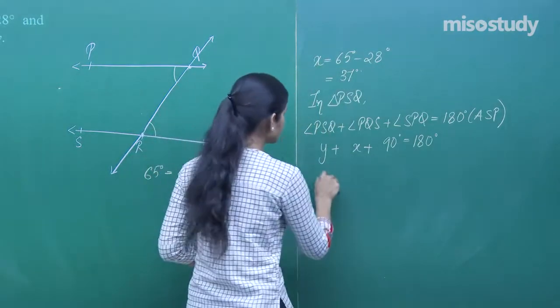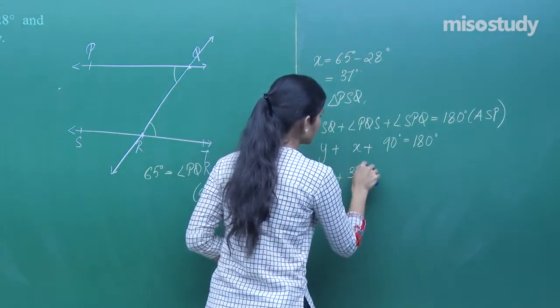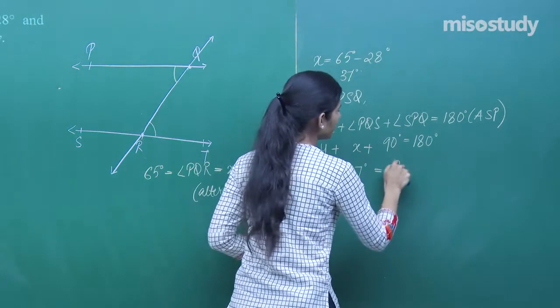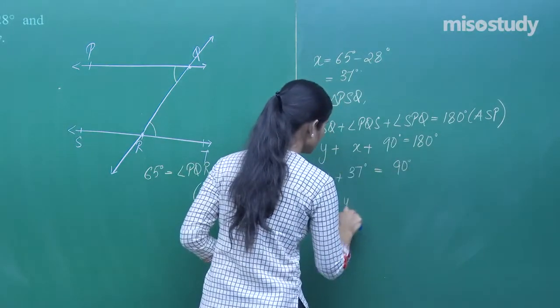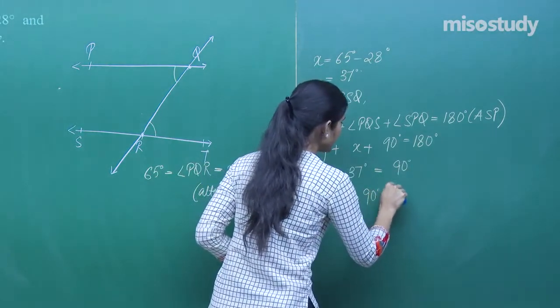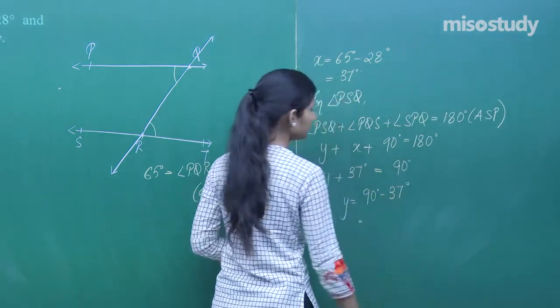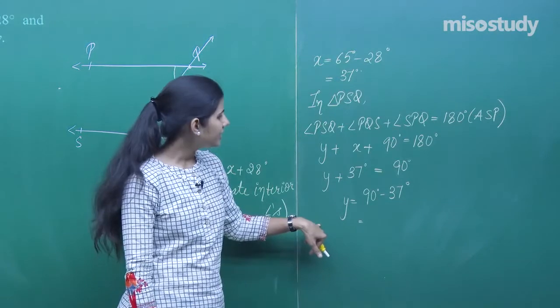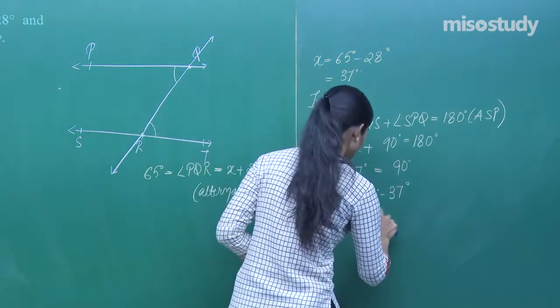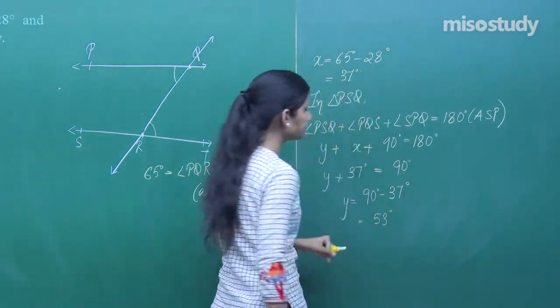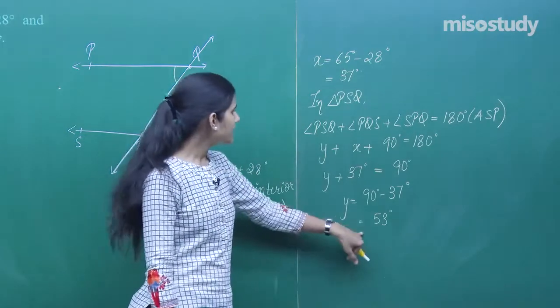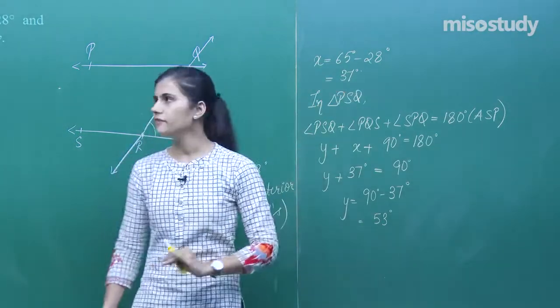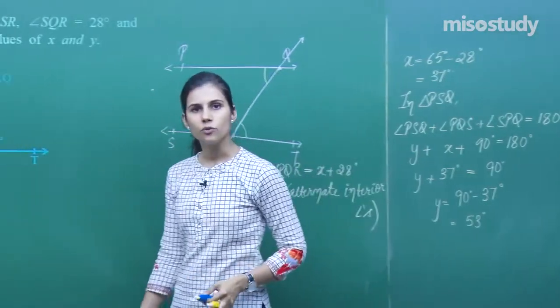X I have computed as 37. So Y is equal to 180 minus 90, which is 90, so this is 90 minus 37, which is 53. So you have Y as 53 and you have X as 37. We have found the value of X and Y.